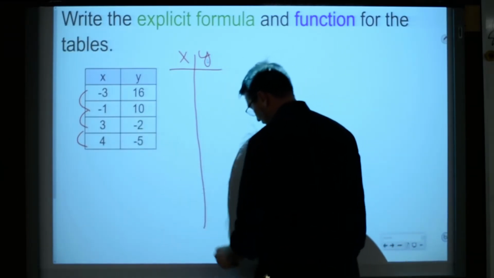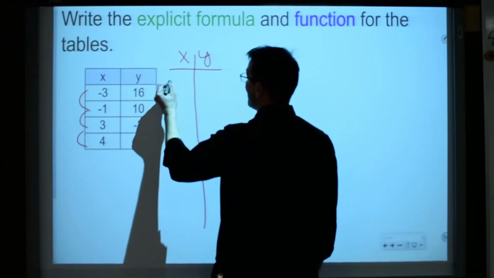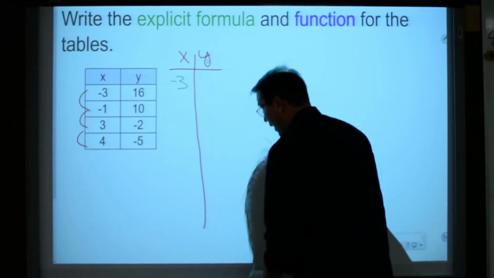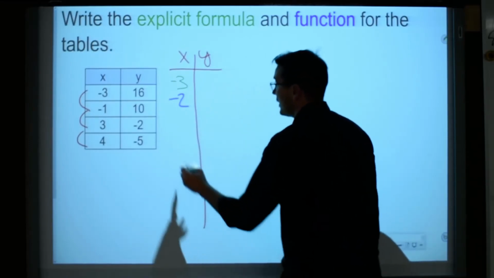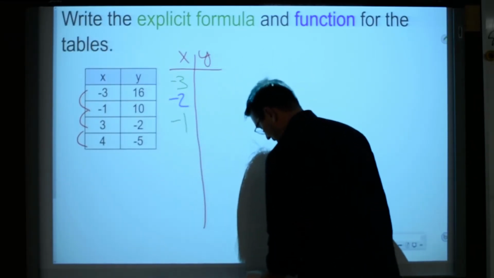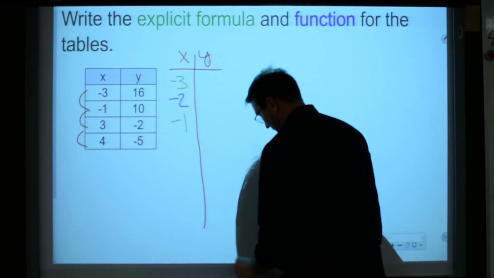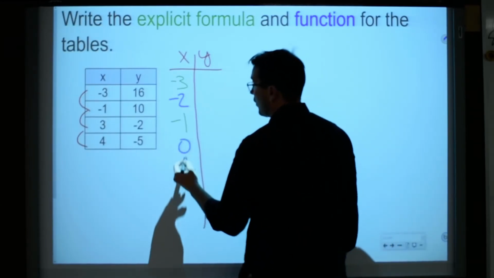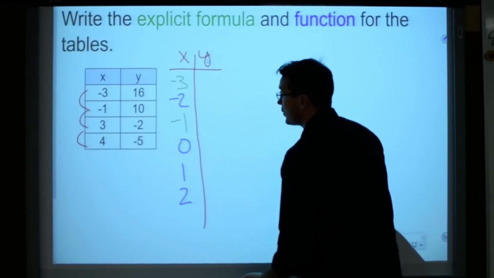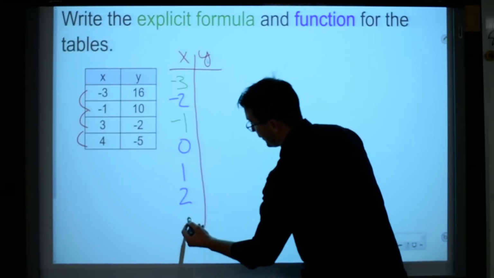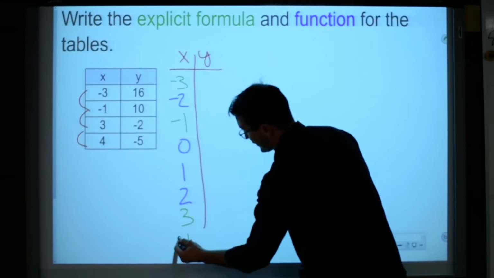So again, I start off with the stuff I do know. I do know -3. I don't know -2. I do know -1. I don't know 0 or 1 or 2. I do know the third term, and I do know the fourth term.